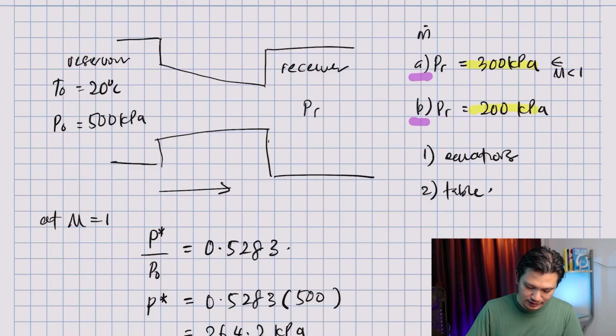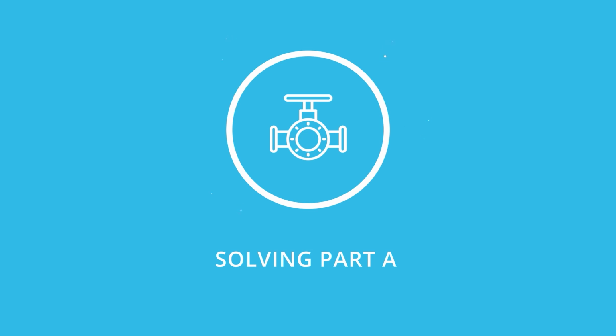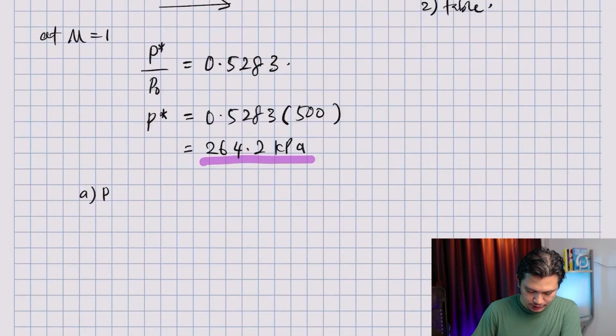And for case B, Mach number is 1. Mach number cannot be greater than 1 because this is a converging nozzle and the area is only getting smaller and smaller, so it cannot go supersonic. So question A is where our pressure in the receiver is equal to 300 kilopascal.